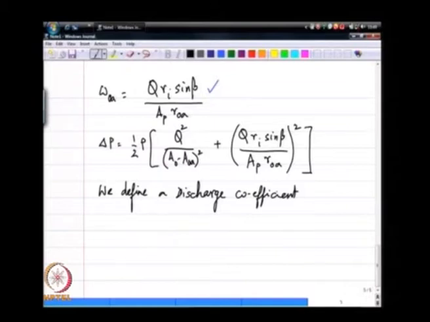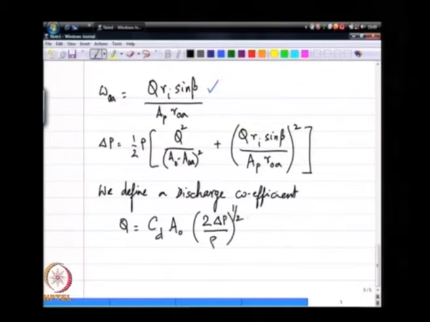Okay. So, I can now define a discharge coefficient as follows. Q by A0 is, so, A0 is like the total cross sectional area available for the flow.